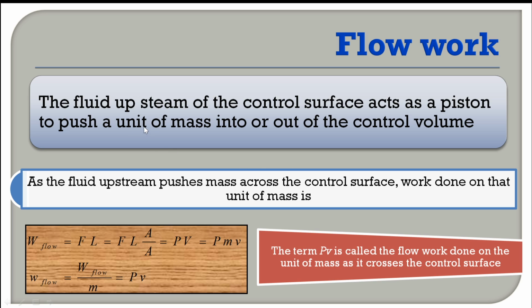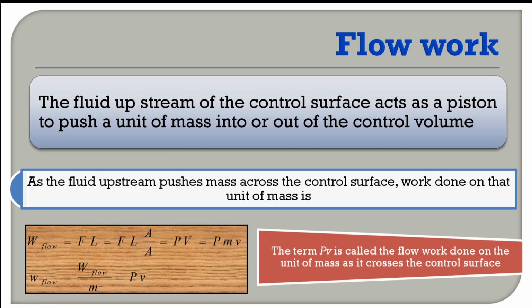So the fluid stream upstream of the control volume, control surface, just a minute. The fluid upstream of the control surface acts as a piston. So the fluid just behind the control surface acts as an imaginary piston that will push the unit of mass into or out of the control volume, as I have shown in the previous slide.